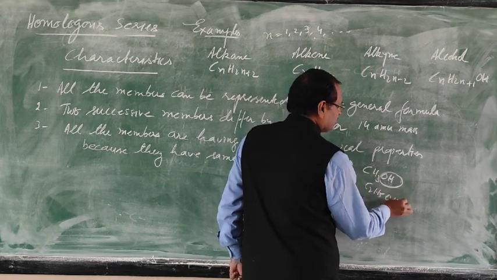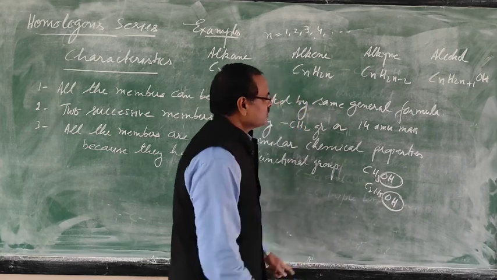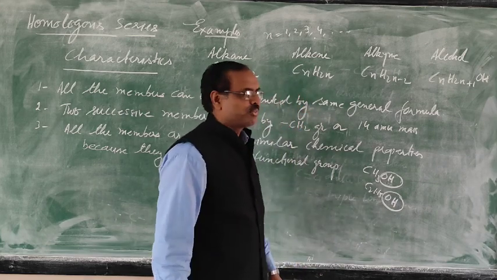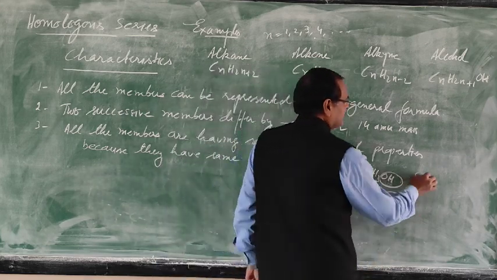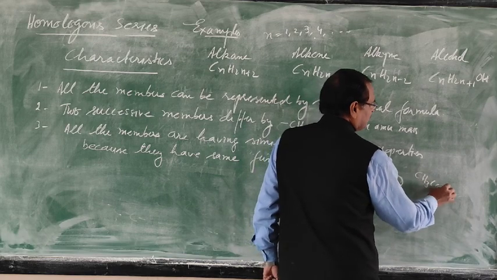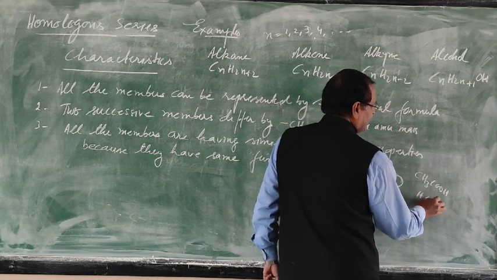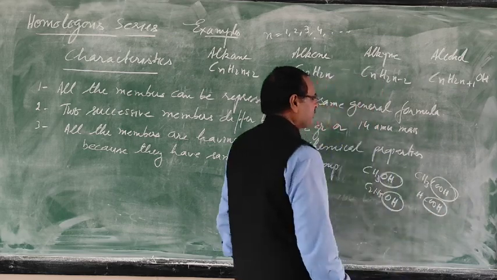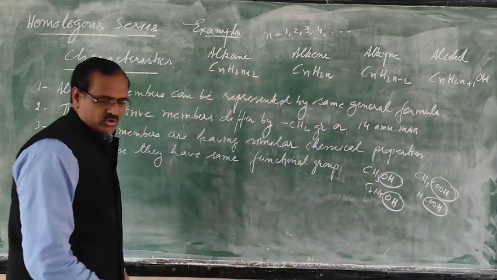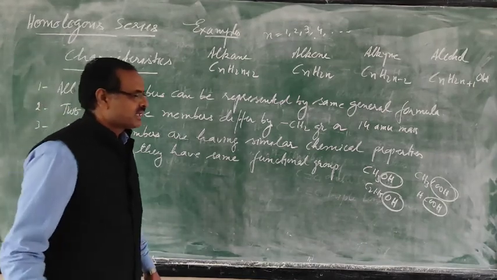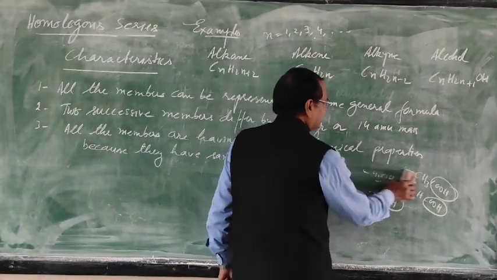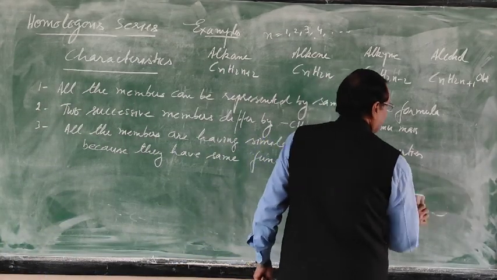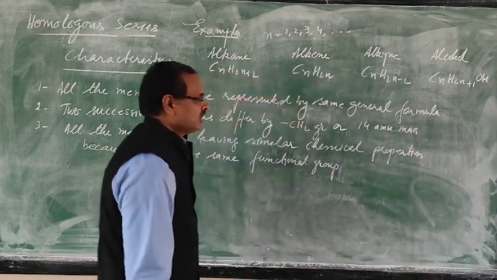This OH group is called the functional group, so these two compounds will have the same properties. In the same way, you have seen acetic acid, you write it as CH3COOH. They have the same carboxylic group, so their properties will be the same. So in organic chemistry, compounds having the same functional group have the same properties.